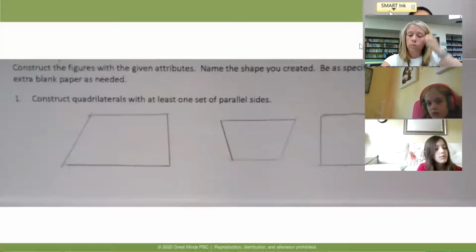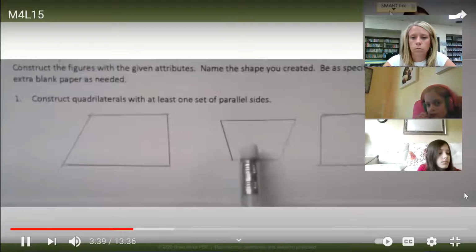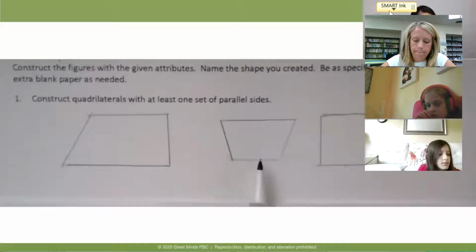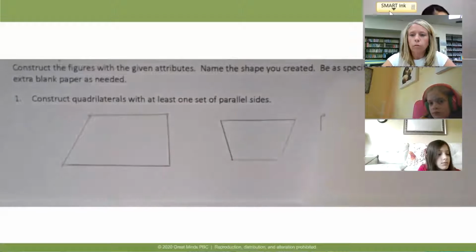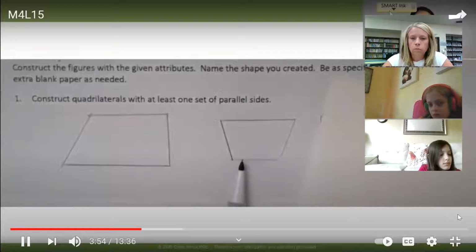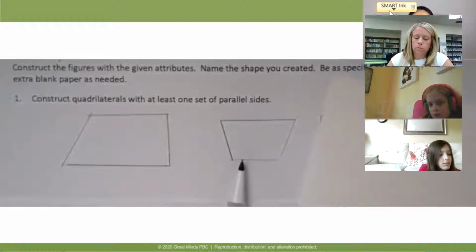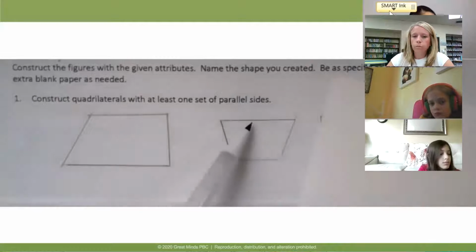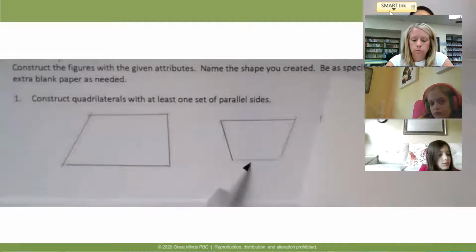Here are the other 2 quadrilaterals I constructed. Let's take a look at this first one here. Can you identify two parallel lines in this trapezoid? It would be this line segment and this line segment are parallel.